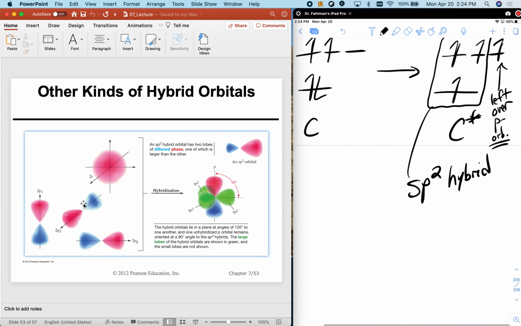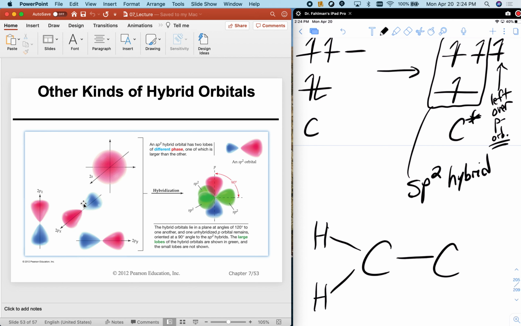If we're looking at this bonding here, between hydrogens and carbon, sp2 hybrid orbitals are trigonal planar in shape. In other words, they're 120 degrees apart.